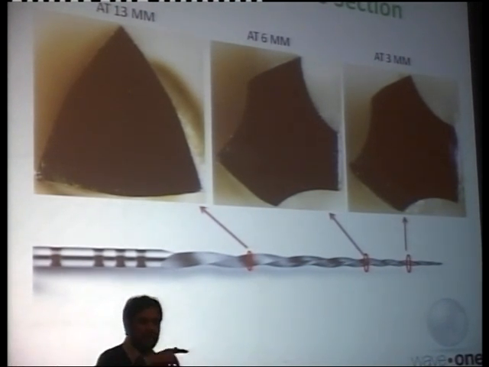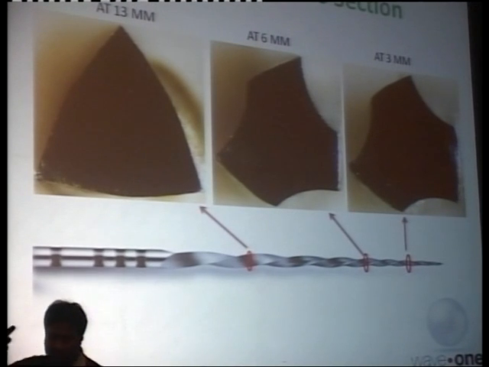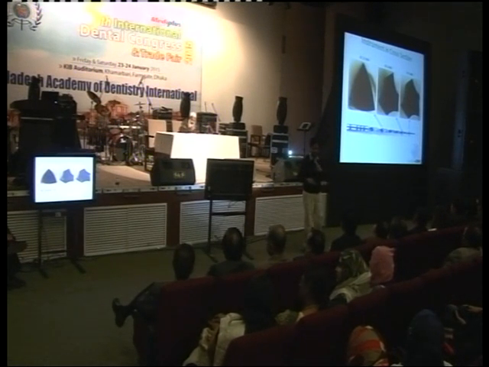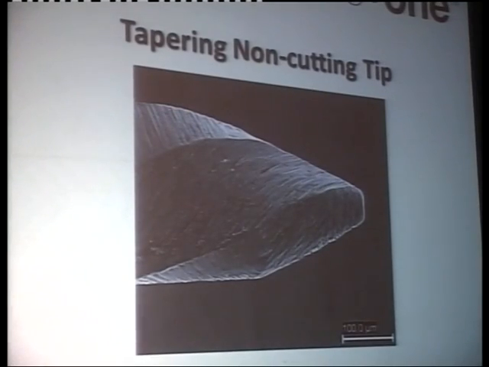It is the orifice shaper, so it shapes the orifice easily. In the apex, it works very gently, which is why the file never breaks. The tip is a blunt, non-cutting tip, so there is no chance of transportation or perforation if your working length is correct.